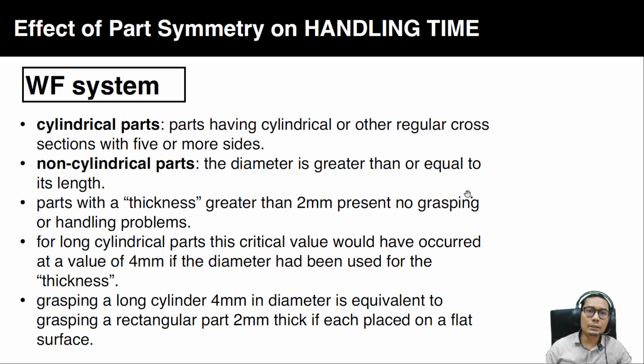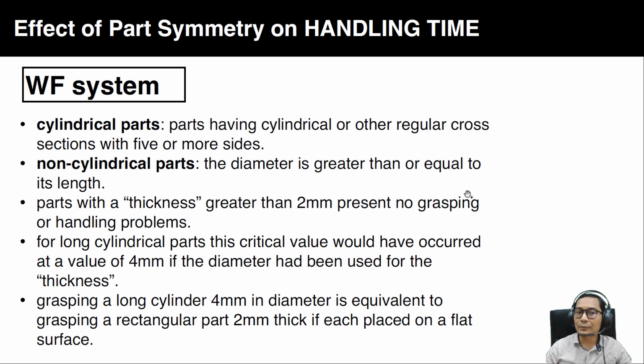Okay, the definitions of the WF system on the cylindrical parts. Cylindrical parts are parts having cylindrical or other regular cross sections with 5 or more sides, while for non-cylindrical parts the diameter is greater than or equal to its length. Parts with a thickness greater than 2 millimeters present no grasping or handling problems.